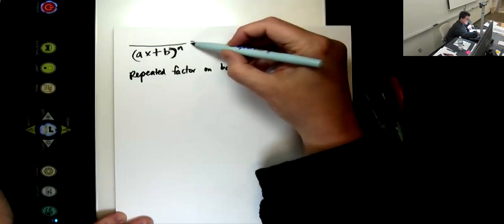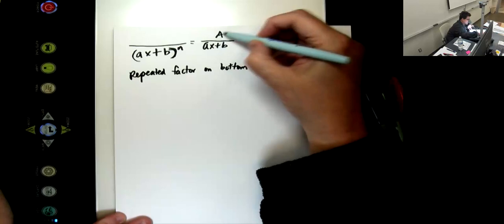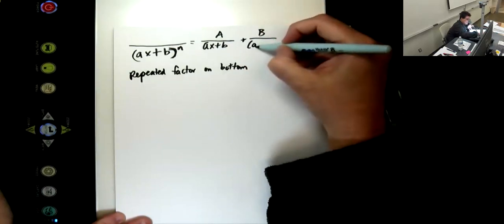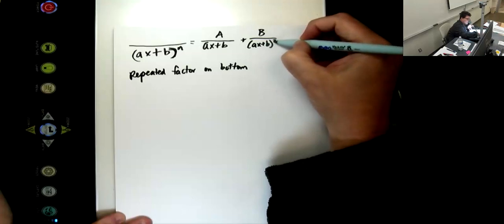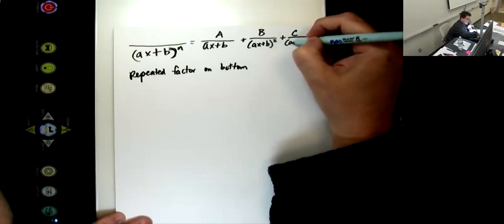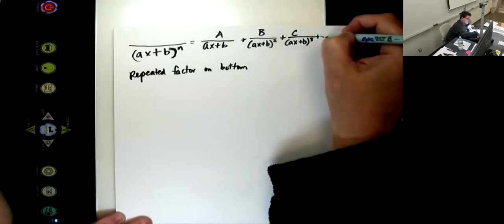The way you do this is you do the first one regularly, A over Ax plus B. And then you do another one with Ax plus B squared, plus C over that, and depending on how big N gets is how far you go with this.